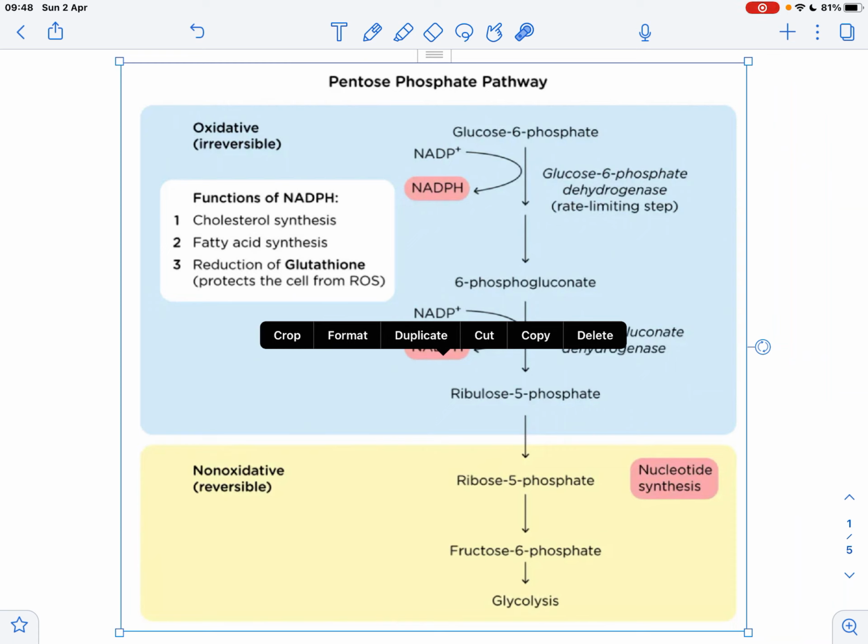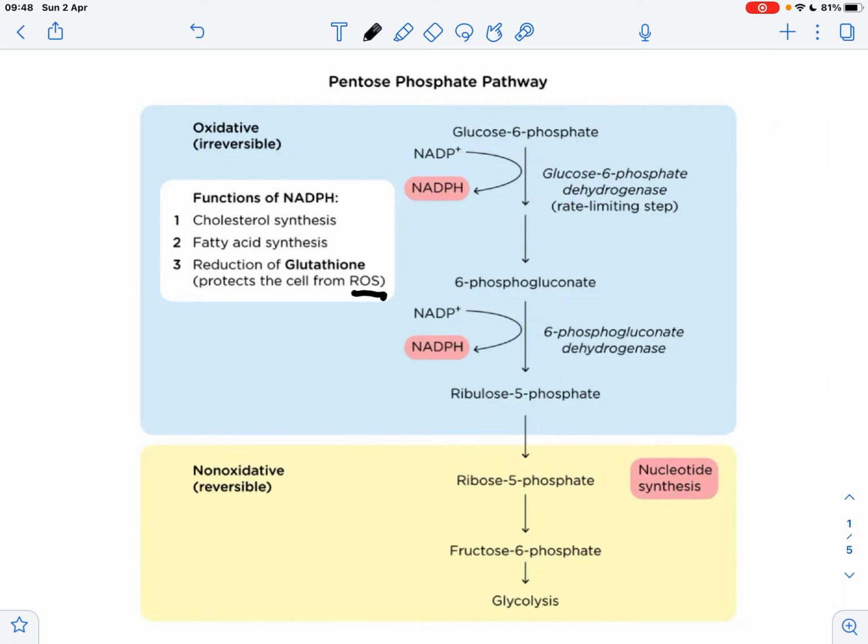So this ROS here, these are reactive oxygen species, and oxygen itself is a pretty heavy toxin. It's quite toxic to cells because of its oxidative powers. And of course, erythrocytes, the function of which is the transport of oxygen, need to protect themselves against these reactive oxygen species. So in erythrocytes, we need a lot of this NADPH.